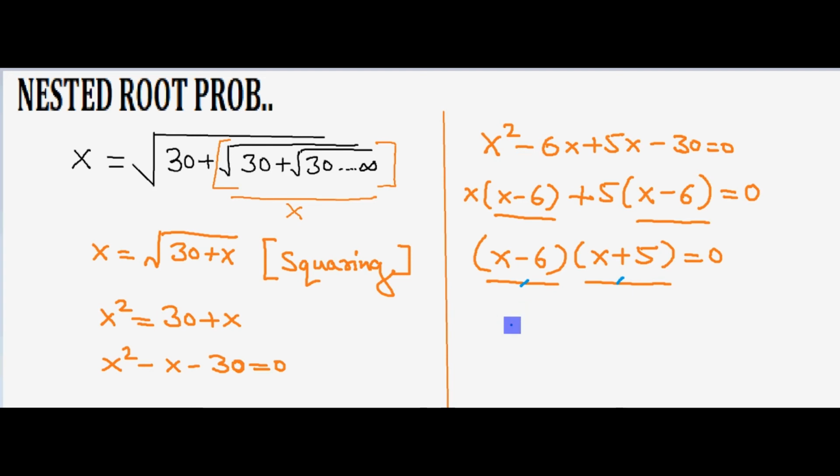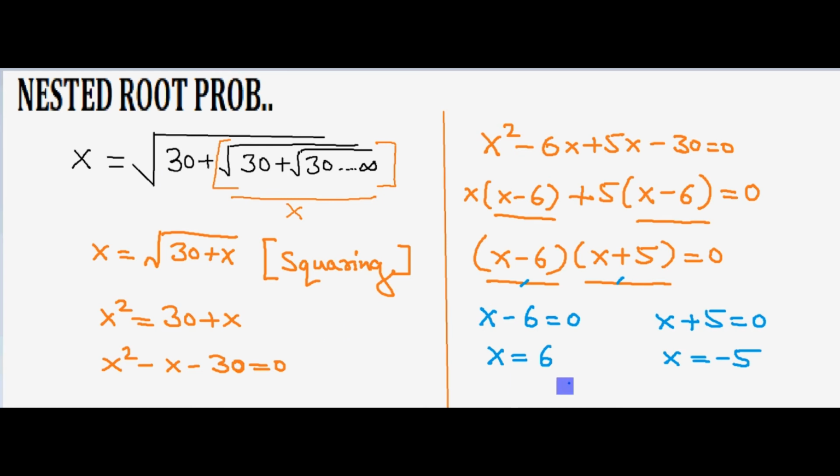Let's take x minus 6 is equal to 0 first. So we get x is equal to 6. Same way, if we take x plus 5 equal to 0, then we get x is equal to minus 5. And the answer for this is both, because it's a quadratic equation, and you can see a root value always comes positive and negative.